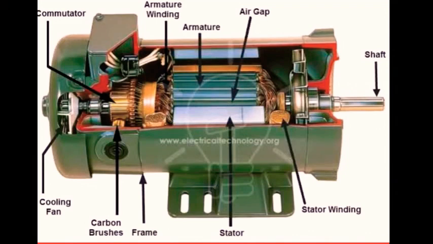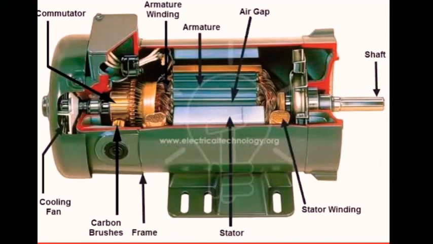In a machine we include both motor and generator, but motor and generator are not the same. They have some difference on the basis of their operation, their characteristics, and their output.